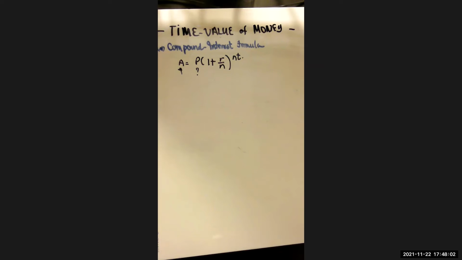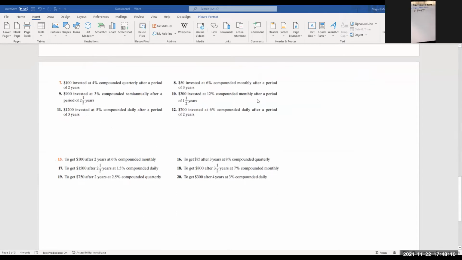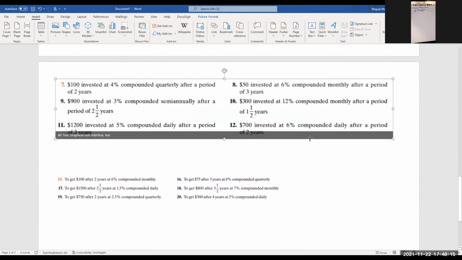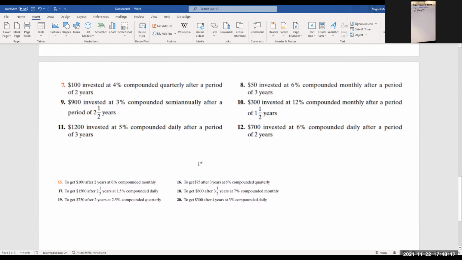Okay, so let me share the screen once again with the Word document. So these are good examples. Okay, so these are 6 examples. So let's go ahead and work maybe 8 and 10 monthly.